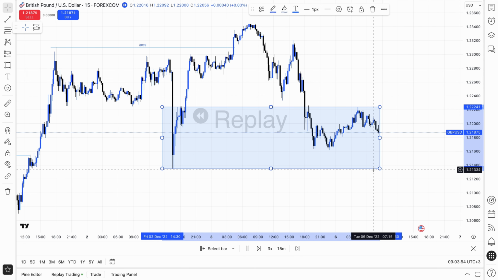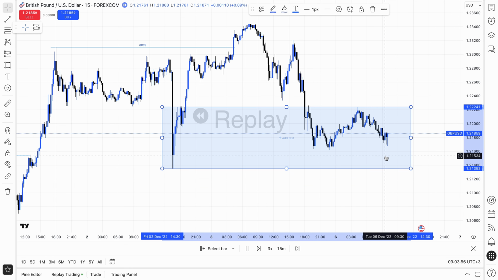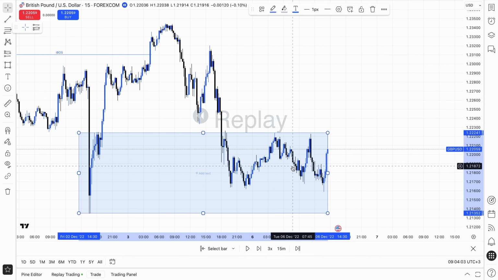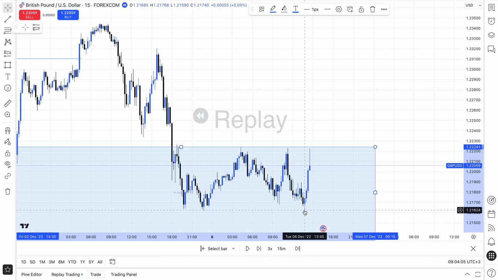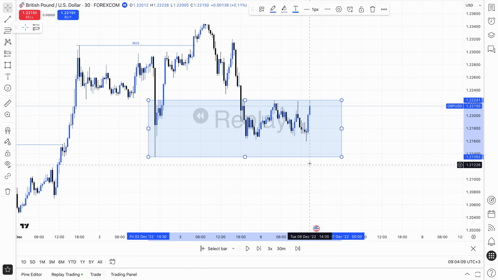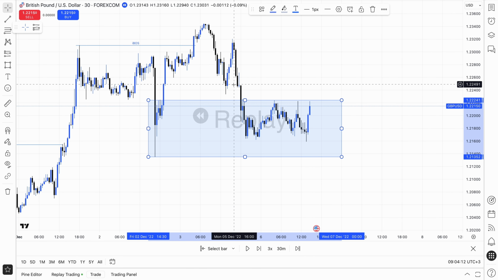Let's just try to play this price and see. Yeah, we need to see this confirmation. 30 minutes confirmation. Yeah, it was a clean confirmation.